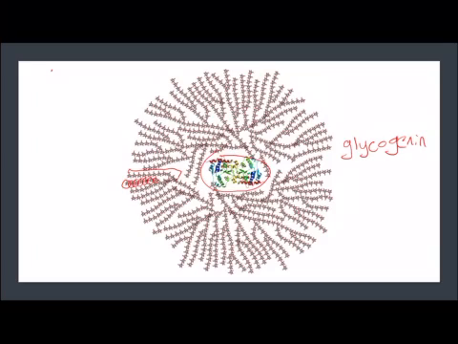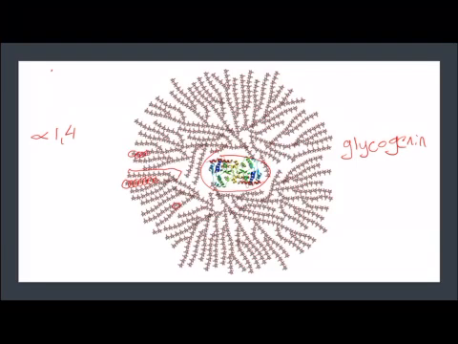And so we have two types of residues in here, and it just has to do with how they're bonded. So we have our alpha 1,4, which is our typical residue.